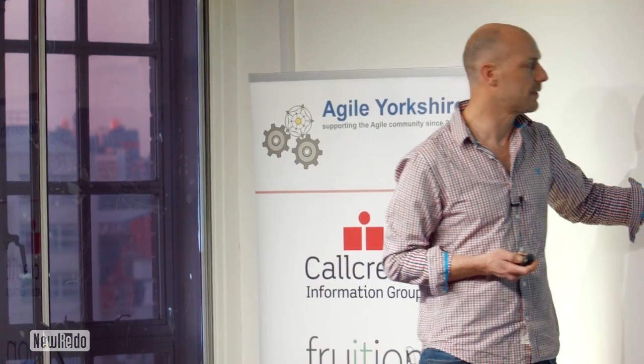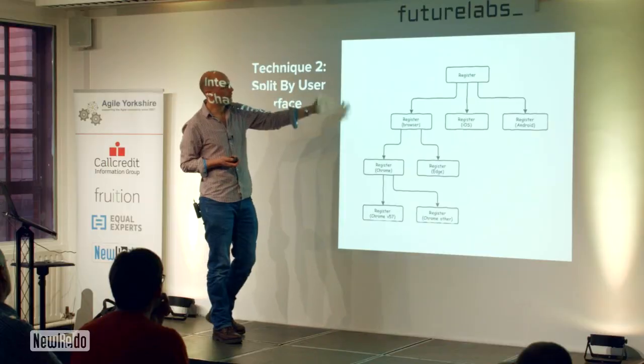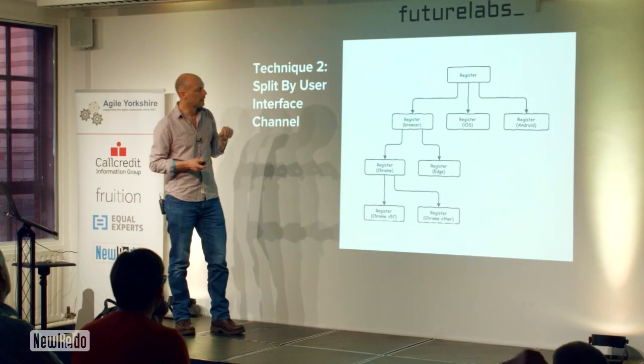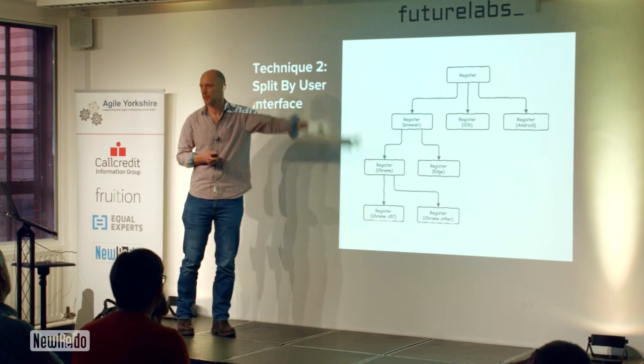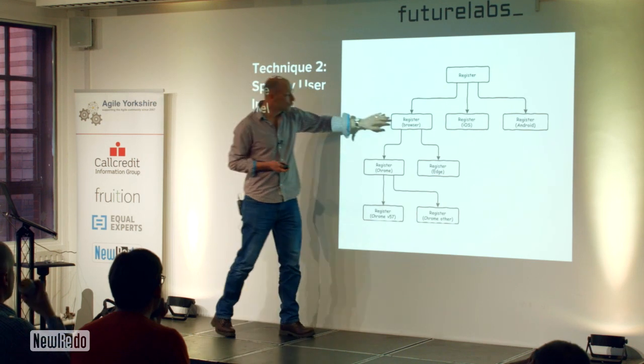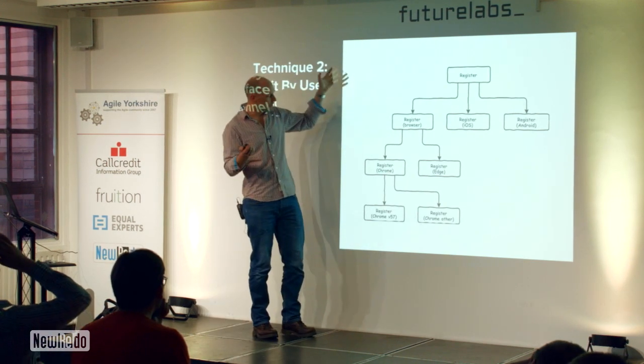The specific case of that is splitting by interface channel. You saw my cake example. We had three different channels, and so I said, okay, we'll do browser first, and we'll do iOS and Android later on. Focusing on browser, I can then also ask, what browsers are we going to support?